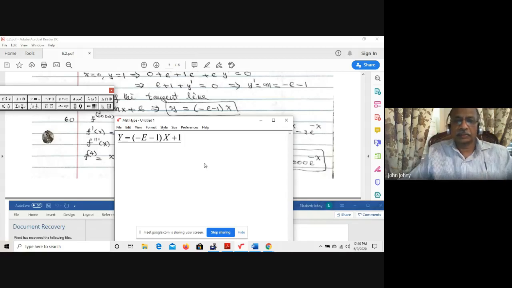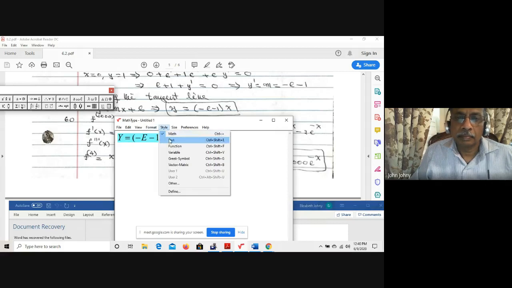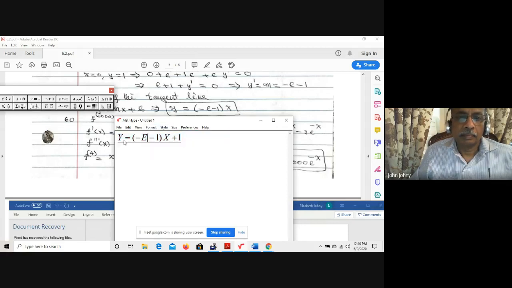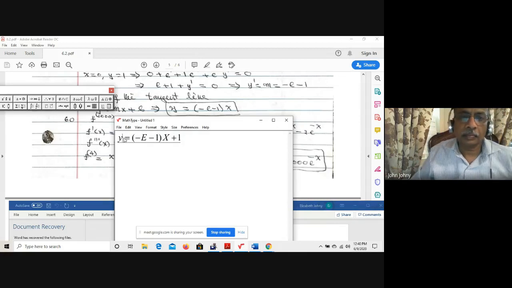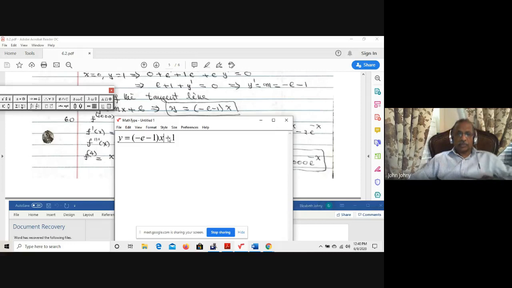Oh, the caps lock was on. Negative e minus 1 times x plus 1. So that is the answer. 1 is missing there, so please correct it.